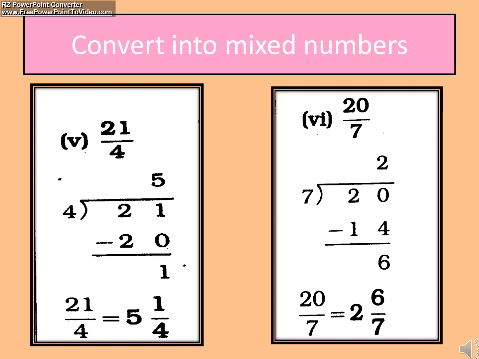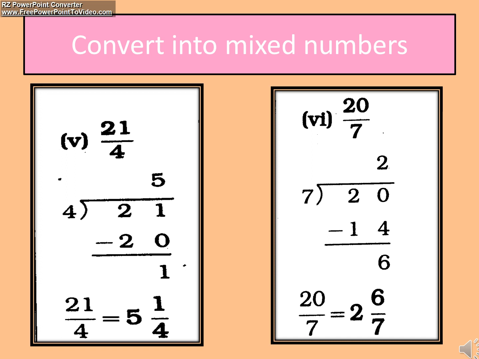Okay. Now the sixth sum, the last sum, what is it? 20 upon 7. Okay. So 20 divided by 7. 7 ones are 7, 7 twos are 14, 7 threes are 21.